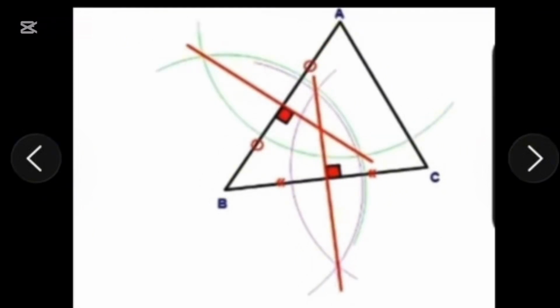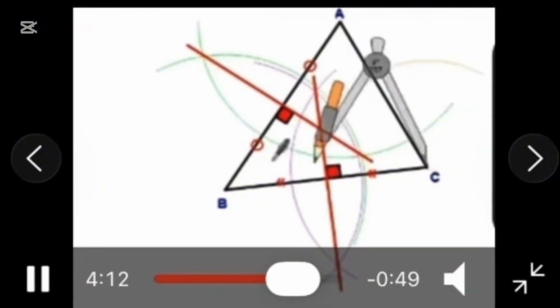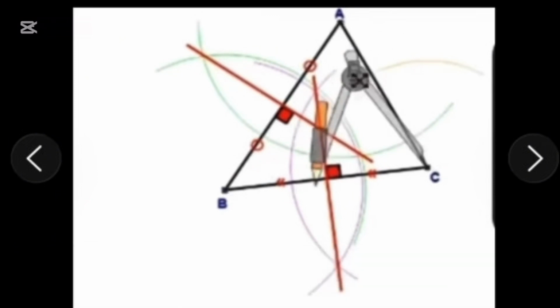Now I will draw the perpendicular bisector of AC. Put the compass on C. Open it more than half AC. Draw the first arc. Keep the same opening.